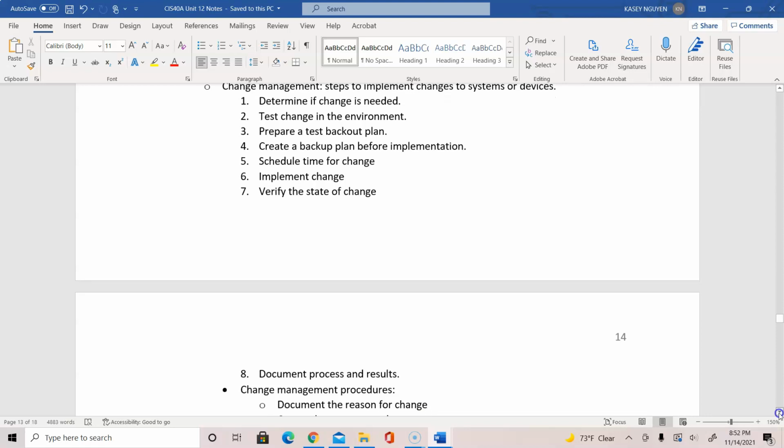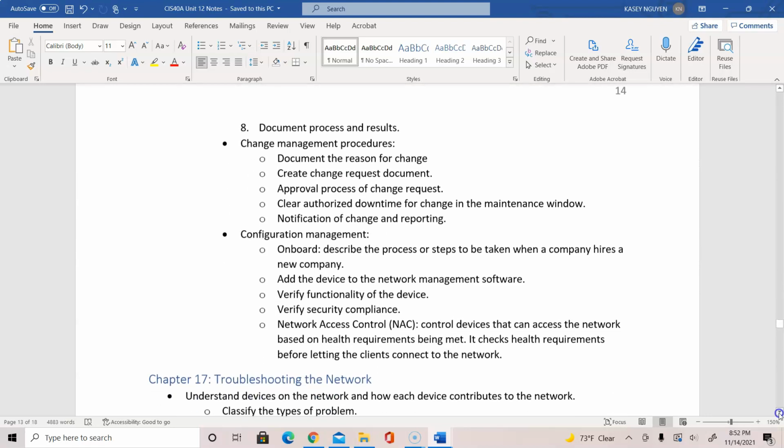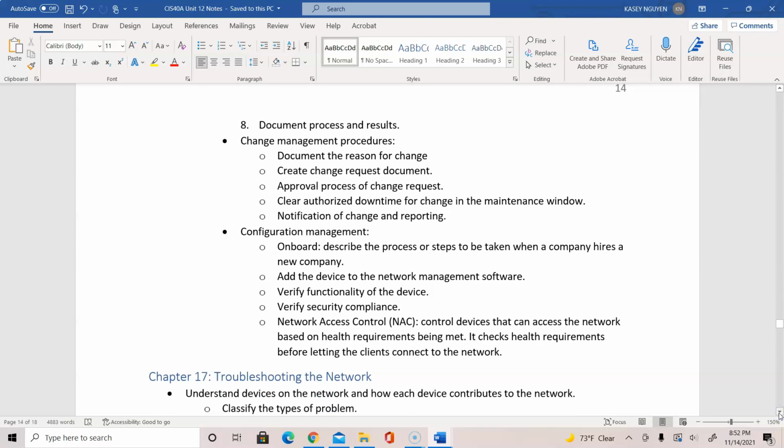And along with the documentation, we want to have change management procedures. We need to have the reason for our change request document, approval process for the change request, clear authorization for downtime and maintenance window, and also notification of change and reporting procedures.